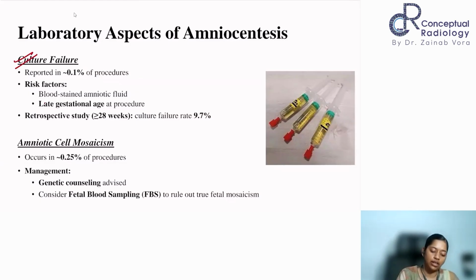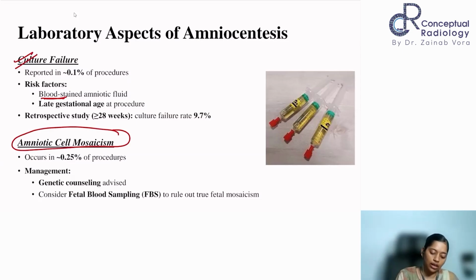It is basically when you have a sample which is blood stained or the gestational age is quite late. At these times, the culture fails and hence the evaluation is not done. And once you have a contaminated sample, again, the risk of amniotic cell mosaicism increases. It happens in around 0.25% of the procedures.